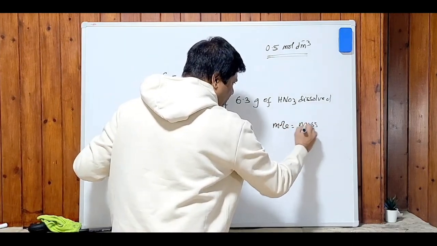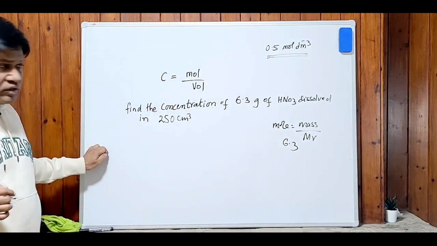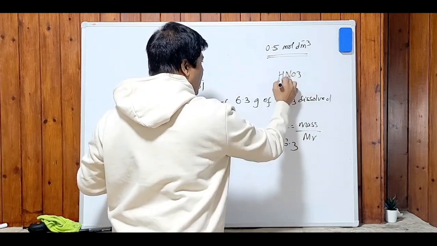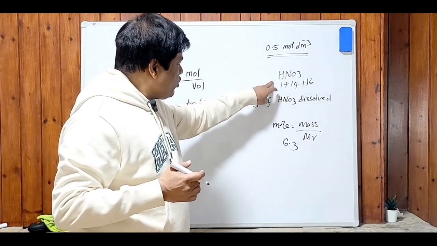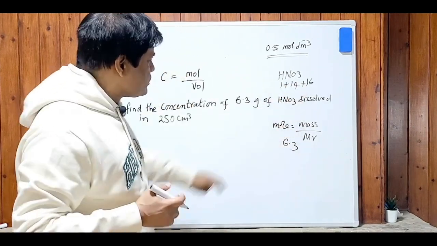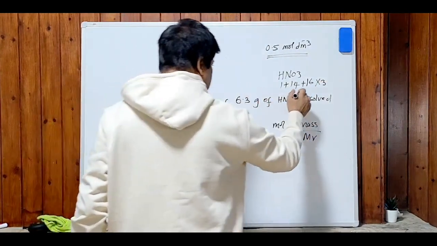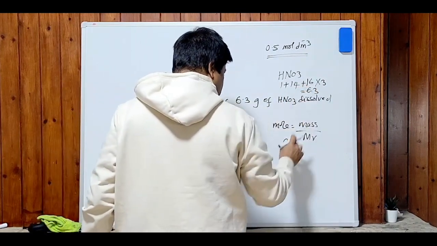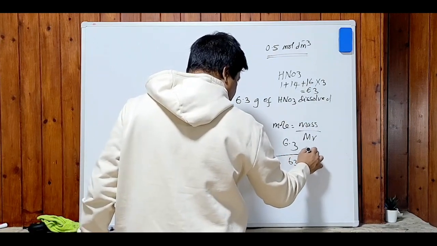Mass divided by its Mr. So mass is 6.3 and Mr of HNO3: hydrogen 1, nitrogen 14, oxygen 16 times by 3. You can get the Ar from the periodic table. When you work it out, it's 63. 6.3 divided by 63, which is 0.1 mole.